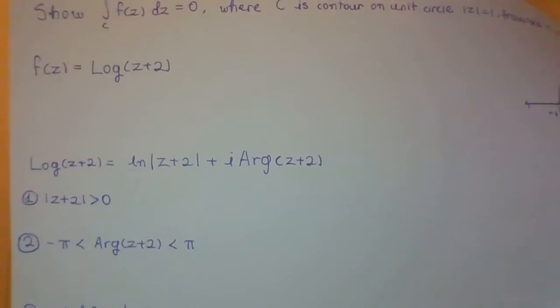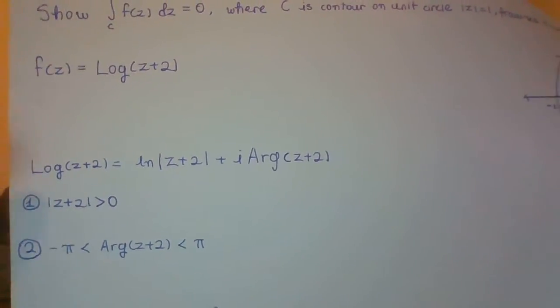We also proved before that any branch of log of z has a derivative on the entire branch, and the derivative is 1 over z, right? So if you write out the expression for log, it's that.